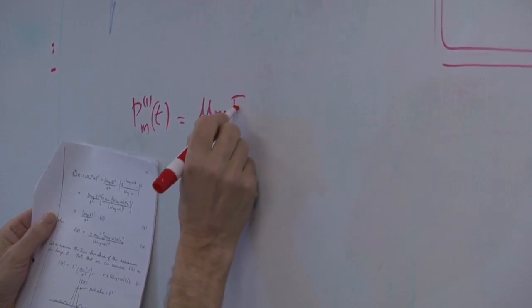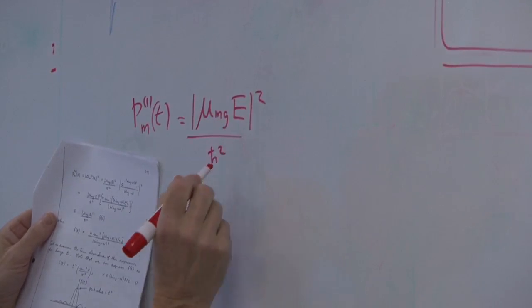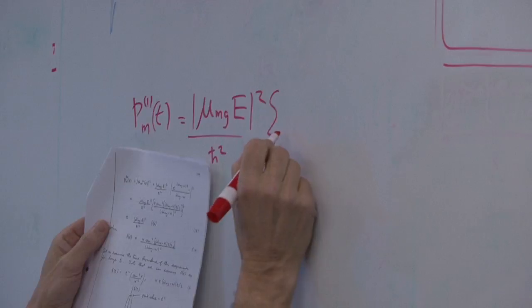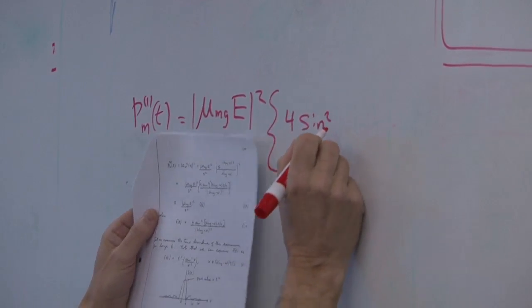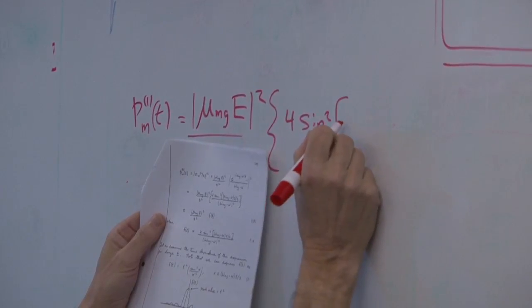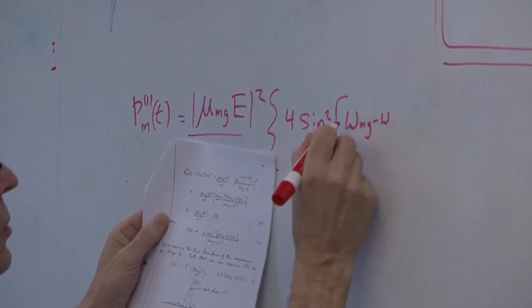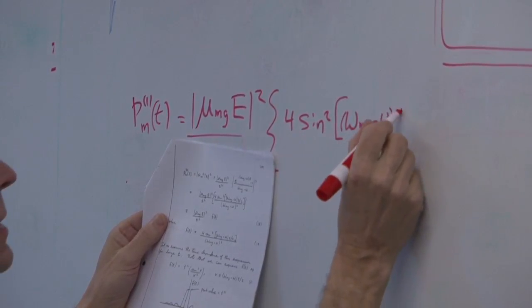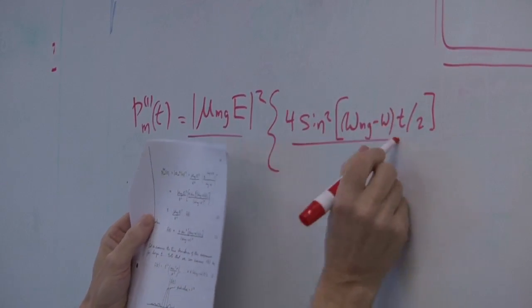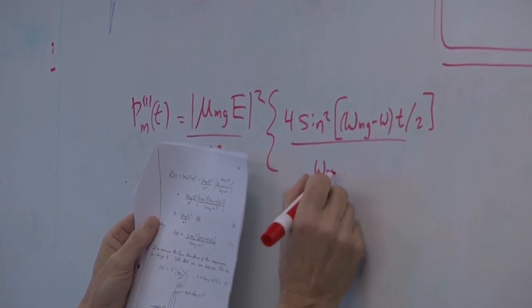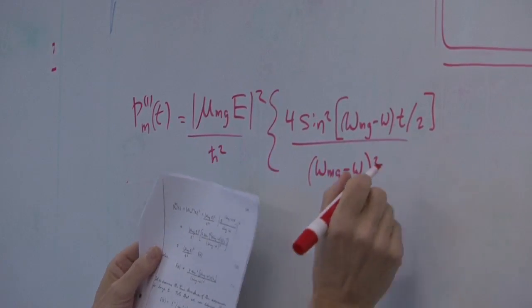mu_mg E squared over h bar squared times 4 sine squared of (omega_mg minus omega) t over 2, over (omega_mg minus omega) squared.